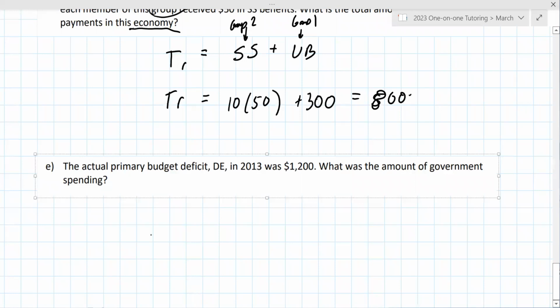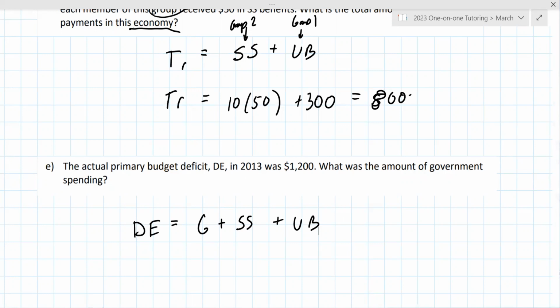We go back here. I think this DE refers to a couple of things here. It's government spending plus SS plus UB, and minus, is there more? What I'm trying to do here is not just write the equations, I'm trying to show you where it comes from. I appreciate that.